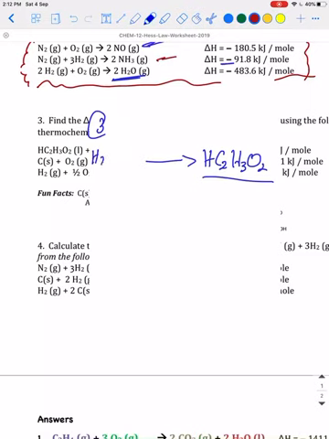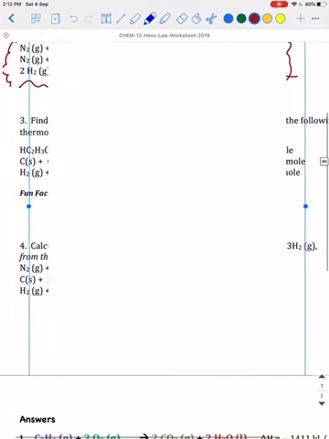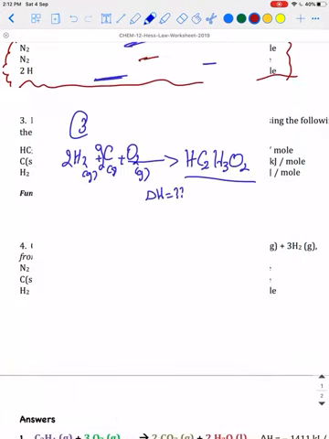Hydrogen exists as H2 gas, carbon as solid C, and oxygen as O2 gas, and definitely it needs balancing. Here 4 oxygen, 4 hydrogen, 2 carbon, so this should be multiplied by 2, and 2 oxygen. For this equation I need to find its delta H from the data given to me.